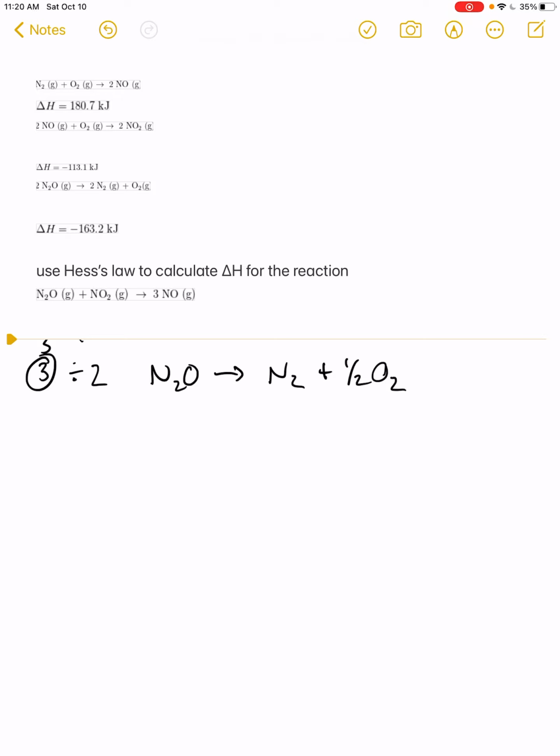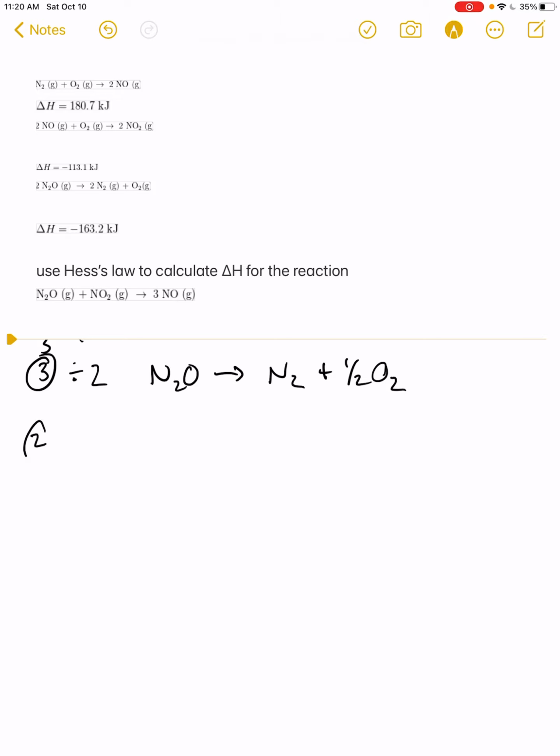Next, I'm going to look at my second reactant that I want, and that is the NO2, nitrogen dioxide. If I look up at the 3 reactions that I'm given, I see that one of them has NO2 in it, but it is on the product side, 2NO2. So I can start by perhaps reversing that reaction.